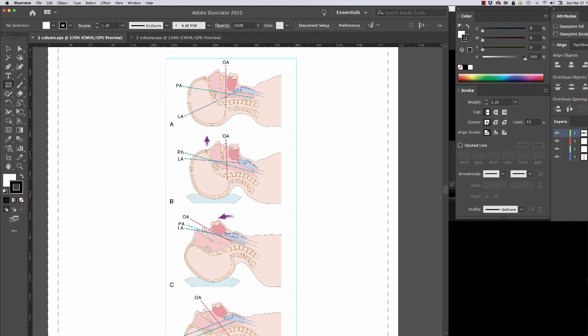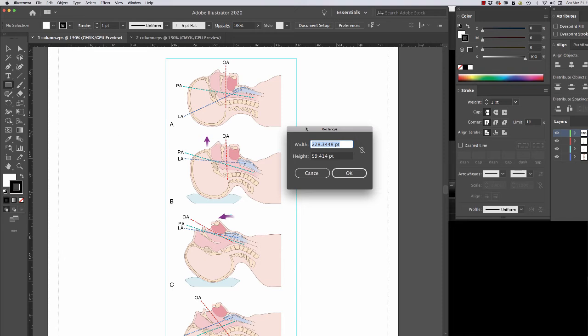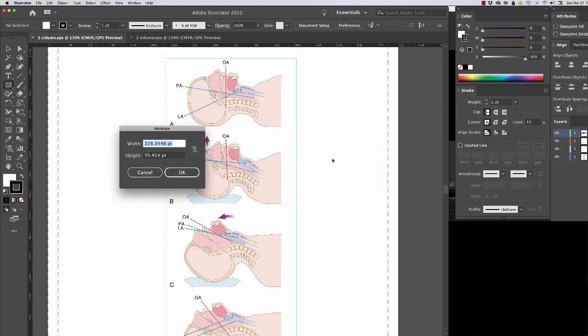So if I go over and grab the rectangle tool in Illustrator, and I click anywhere with the rectangle tool, I can create a box of a certain size, and I could enter this in points, or I could enter it in picas. So let's say I wanted to create a box that was exactly 20 picas in width. I would enter this as 20p and then 0, meaning 20 picas plus 0 points.